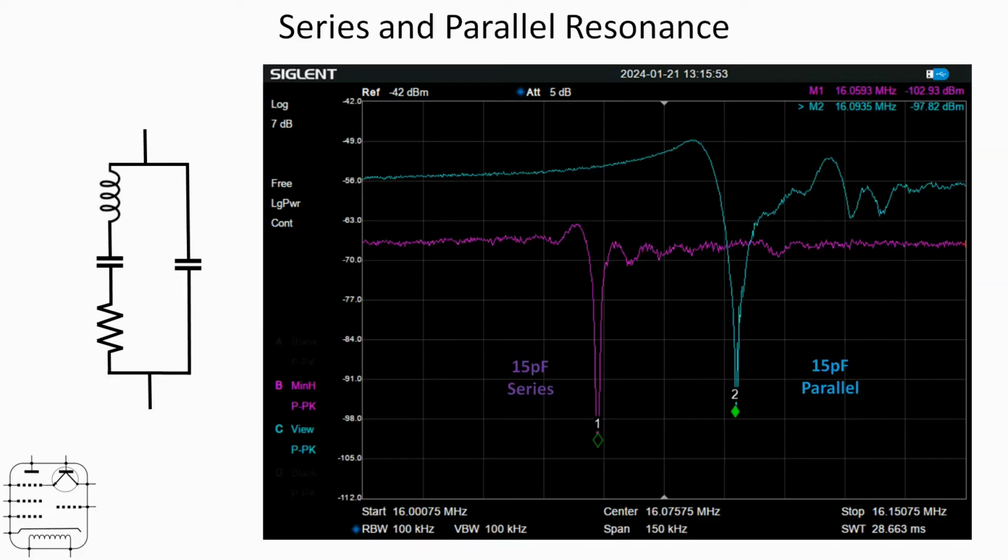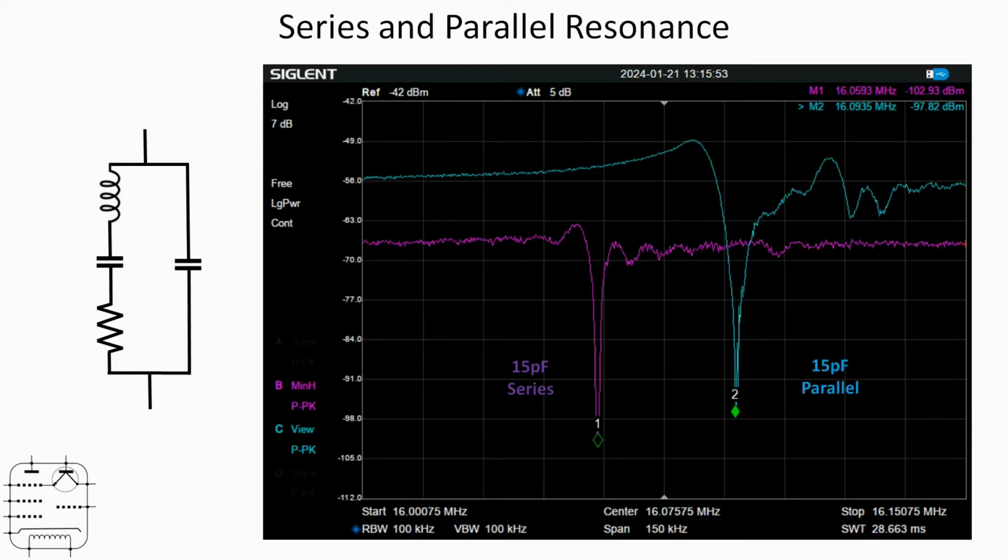One's saying it's 16.059 and the other's saying it's 16.093, but the general point here is not the exact amount, because obviously the value of the capacitor will influence that to a certain extent, because you can pull a crystal, like this is the word that's used. My point is that in general a crystal that's in a circuit where it's in series resonance is likely to have a slightly lower frequency than one that's in parallel resonance.